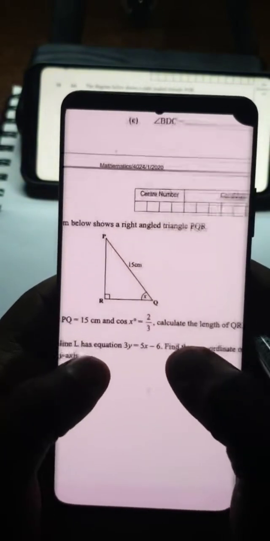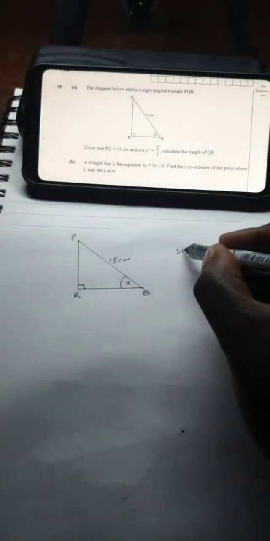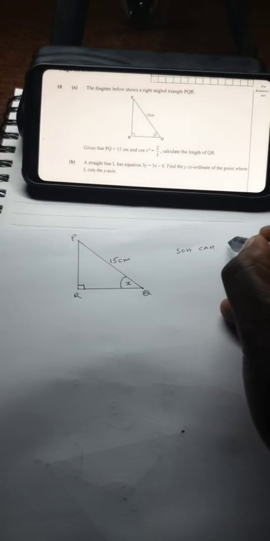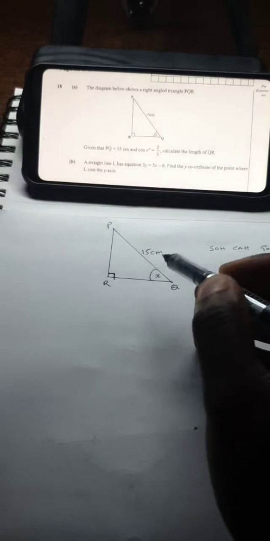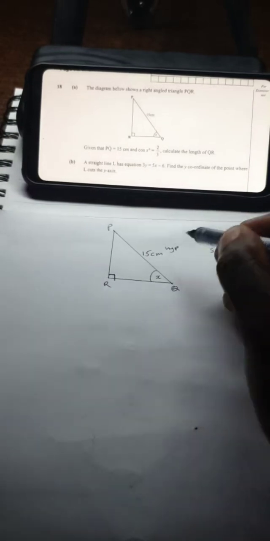So guys, we have been given what cos, yeah? So this kind of equation, we go back to SOHCAHTOA. All right, SOHCAHTOA acts as a guide. So this one being a 90 degrees angle, that makes this the hypotenuse. Okay? So if that's the case, we have been told that cos x, all right, since this is where x is, by the nature of this angle here, this is our opposite.